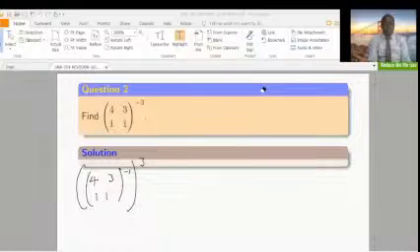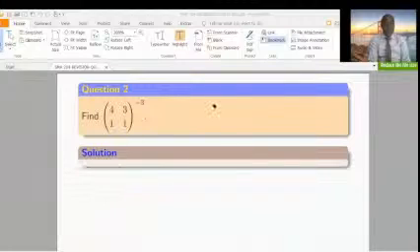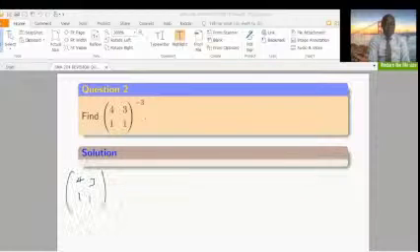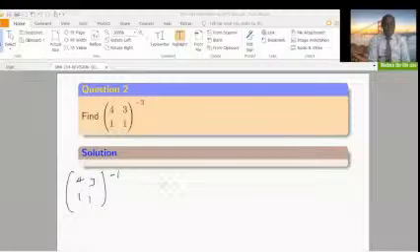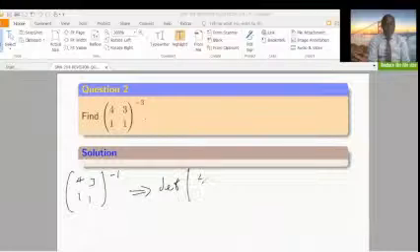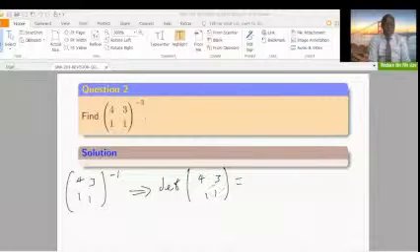So what the first option says is that I first of all find the inverse of this matrix. So let me just erase this. First of all, find the inverse, and then raise that inverse to 3. So let me find the inverse of this matrix. And I know to do this, first of all, I find the determinant of this matrix. The determinant of this matrix 4, 3, 1, 1 will be the product here minus the product here, which will be 4 minus 3 times 1, that is 1.